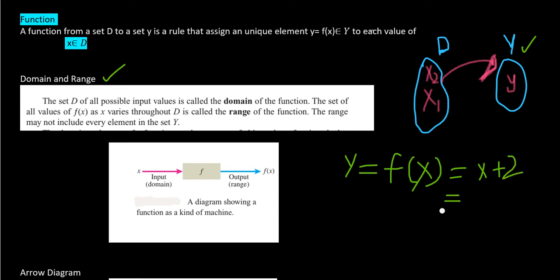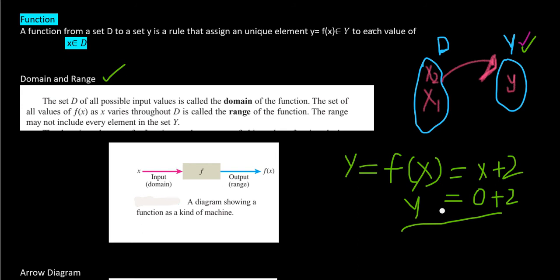Suppose I am putting x equal to 0, and this will be equal to y equal to 2. So this is our range value that must be contained in our set Y, and x is our 0.